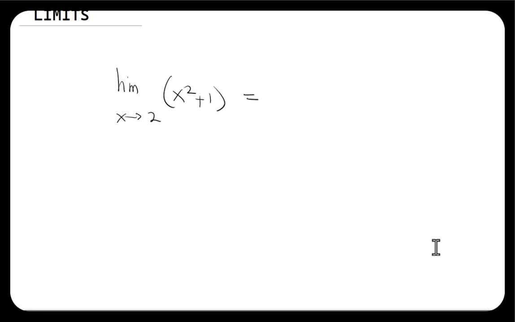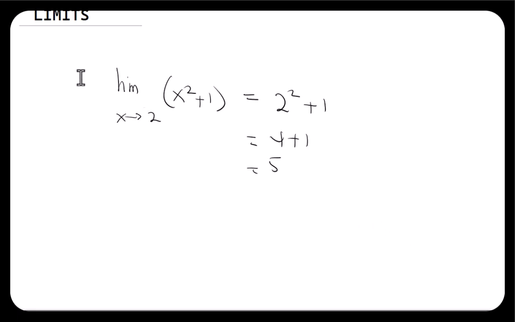Now, to evaluate this limit, we'll just take the number over here and substitute it right back into this function wherever we see x. This means we are going to have 2 squared, so 2 in place of x, plus 1, and this is going to give us 4 plus 1, and that is 5 at the end of the day.